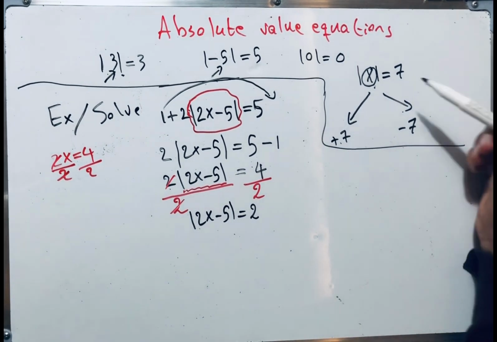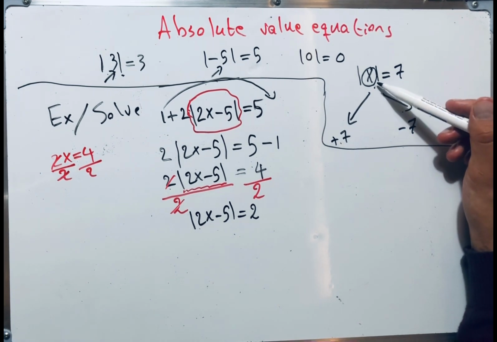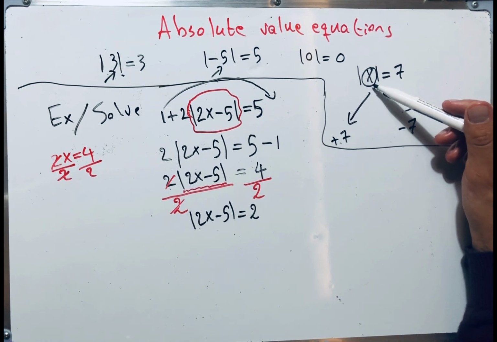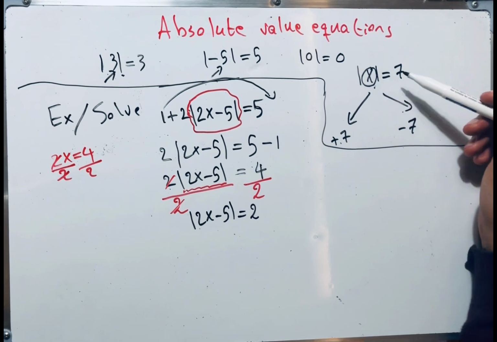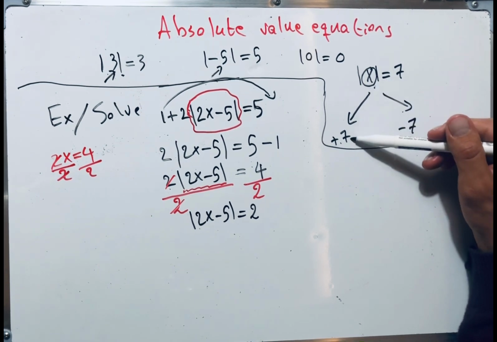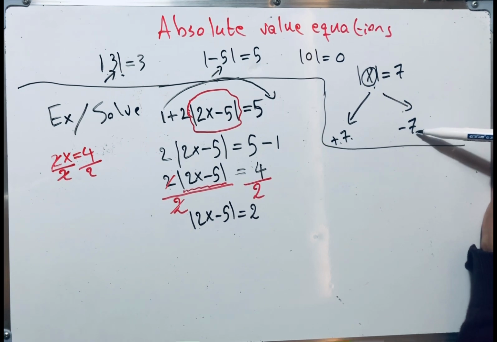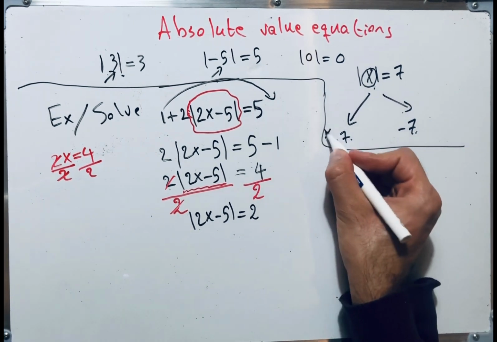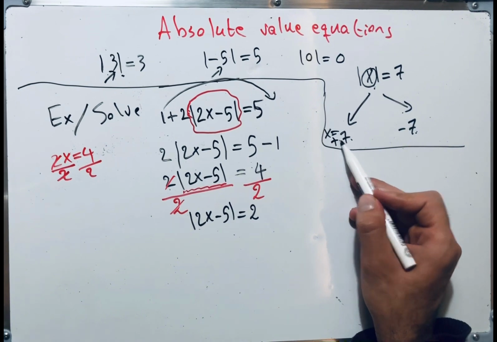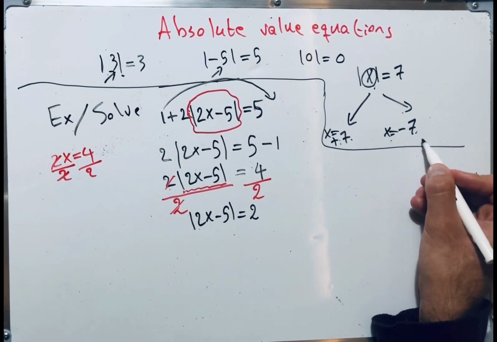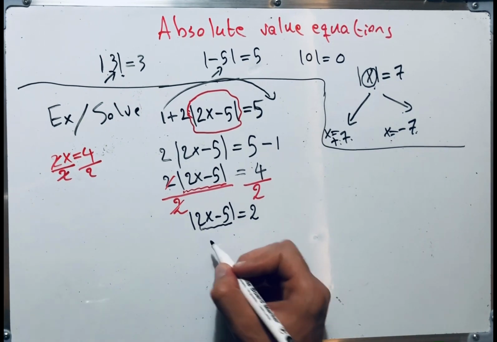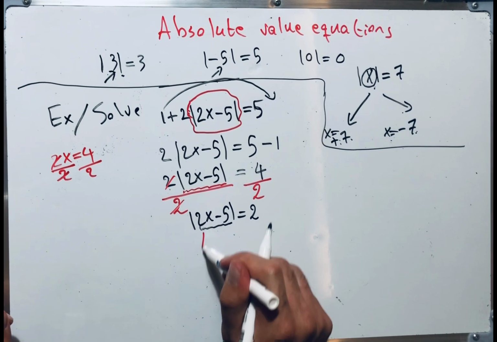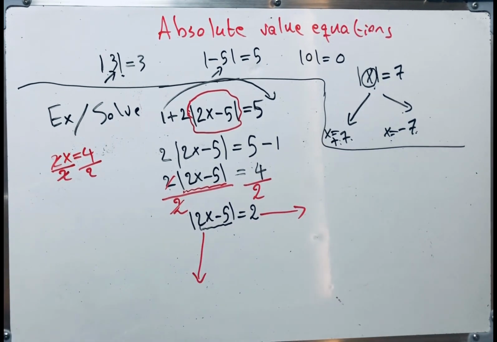Okay, so let's go back to this step. We said if you have the absolute value of a variable, or let's say a linear expression inside, you're going to get two results. Either whatever was inside was positive originally, or it was negative. We would have said x is equal to 7, x is equal to -7. So here, instead of x, we have this whole thing. So we have two cases, case 1 and case 2.